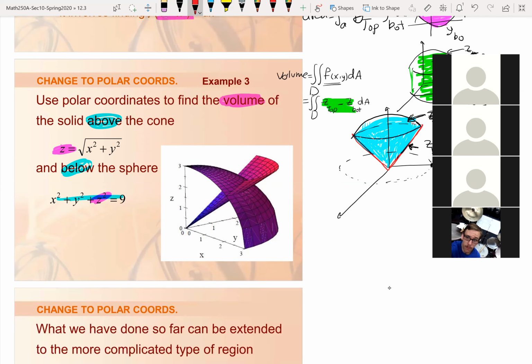So this is the shadow of the graph, which is what we need to set the limits of integration. But as you see, the radius is not really as big as 3, it's really smaller. Do we know how to get that radius?